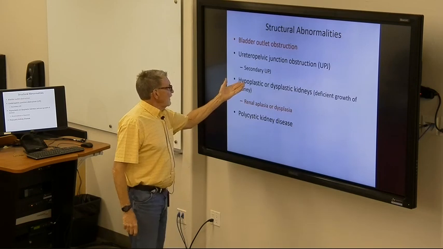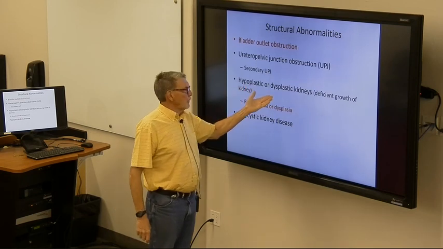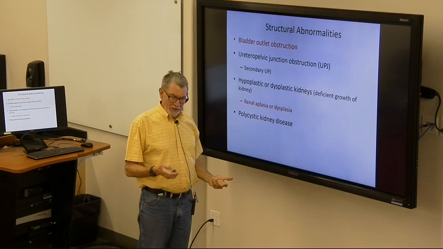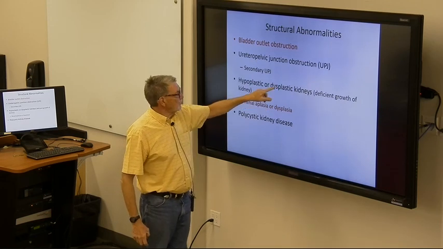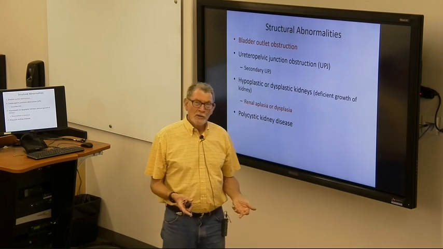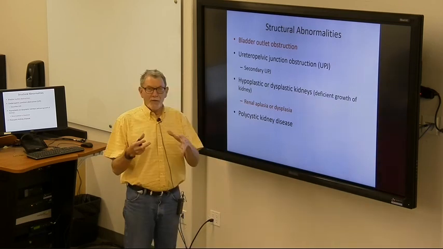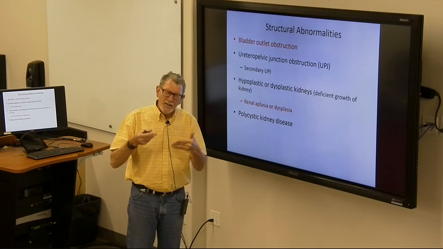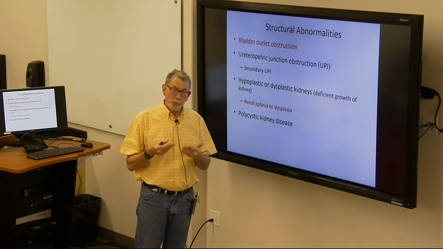You can have a hypo or dysplastic development of the kidney. Horseshoe kidney would be dysplasia. It was developed wrong, but it could either develop not enough or develop in a way that the flow isn't appropriate.